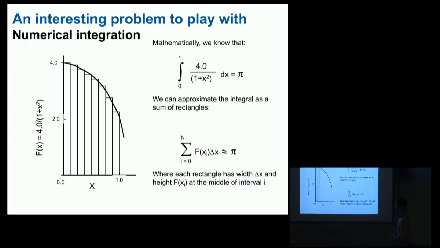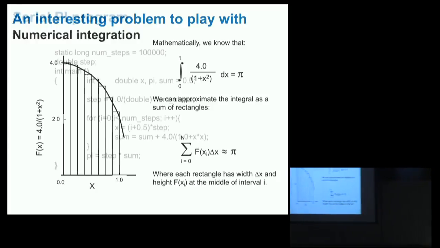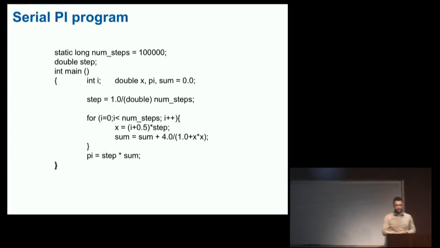But the computer implementation of that is, I'm going to choose a delta x, as small as I want if I want a good approximation, and I will sum over all the values of f. And what am I going to use as the f? I'm going to use the middle. I can use the left, I can use the right, doesn't matter. So I'm going to use the mid-range of this rectangle, and here becomes the code.